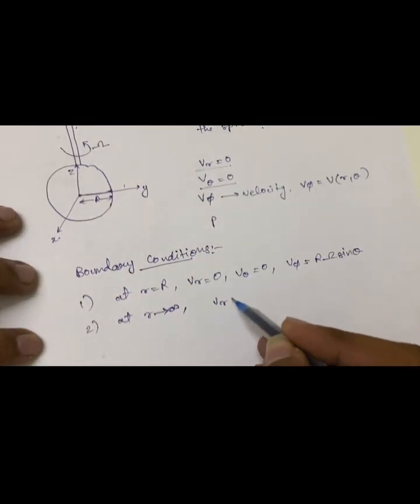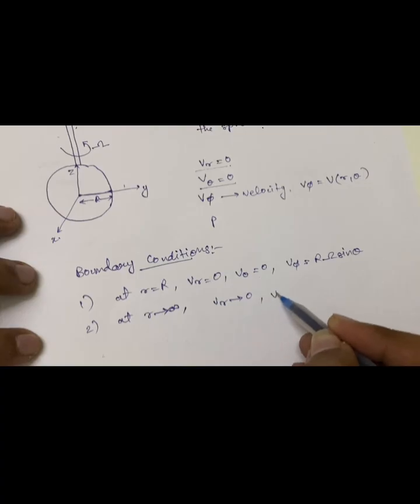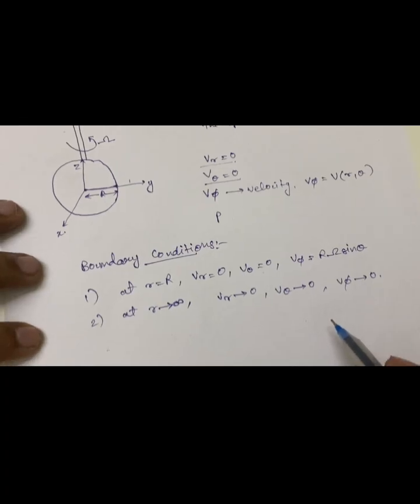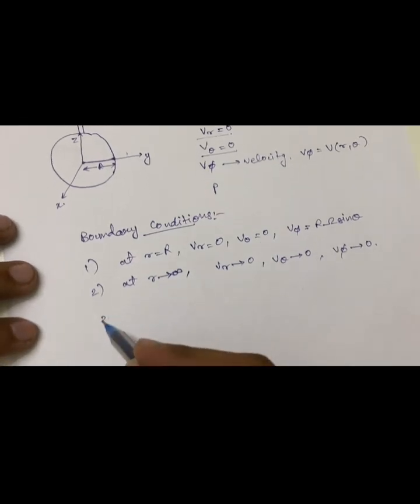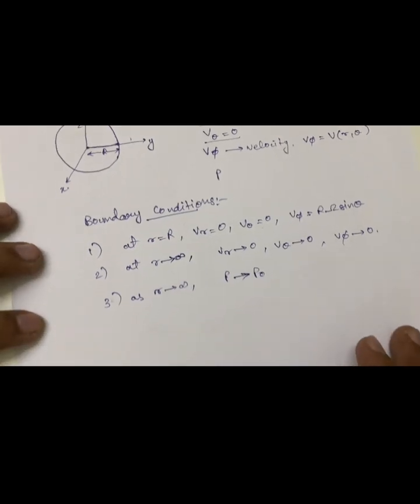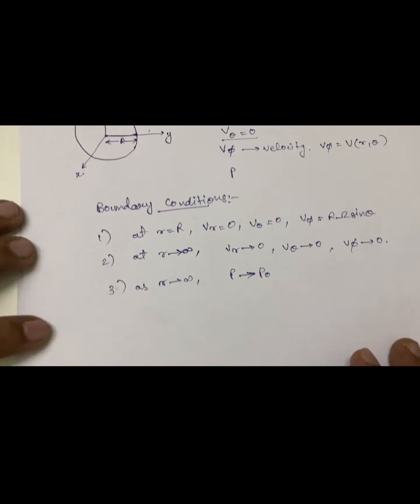Then our Vr tends to 0, V theta tends to 0, and V phi also tends to 0, because it has negligible effect at very large distance. Our third boundary condition is, as r tends to infinity, p tends to p naught. That means our pressure will be p naught.